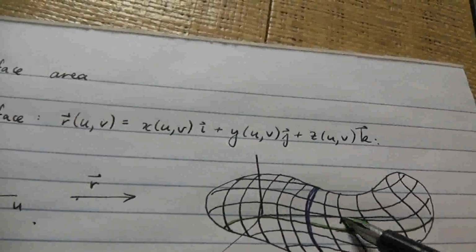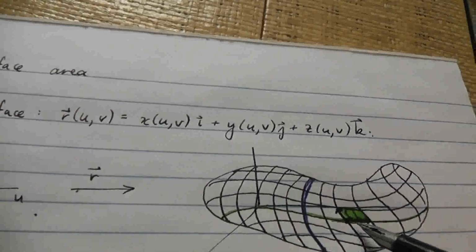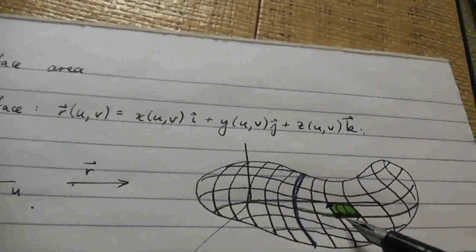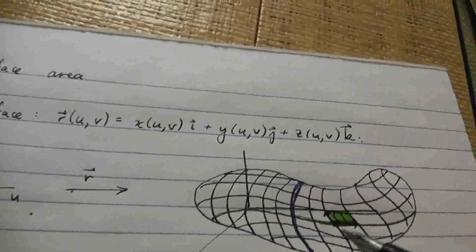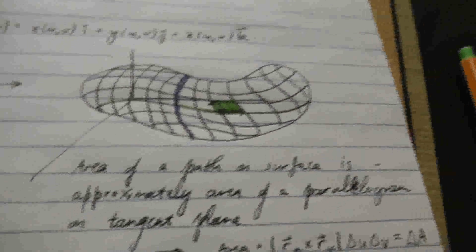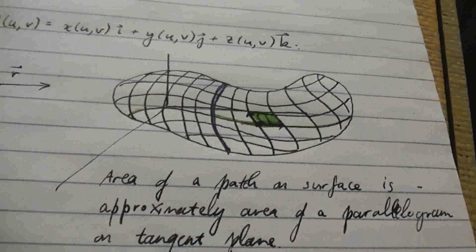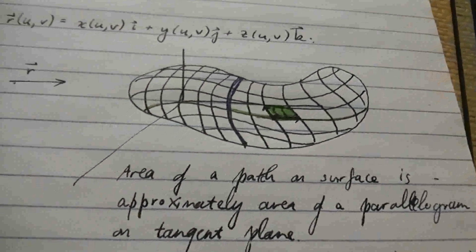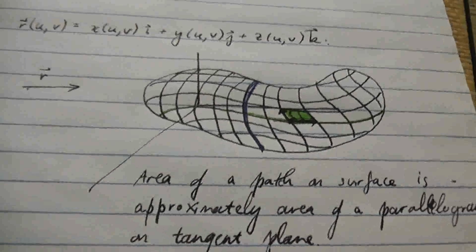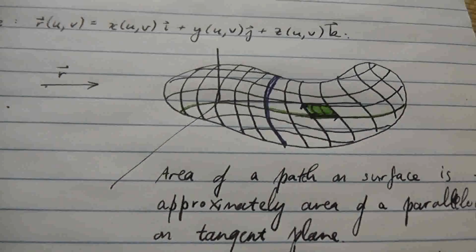So instead of calculating this area of this bent surface, which might be very complicated, we can approximate it by the area of a little parallelogram on the tangent plane. Okay, so the area of a patch on the surface is approximately the area of a parallelogram on the tangent plane. Okay, so in the next video I will tell you how to actually work this out.